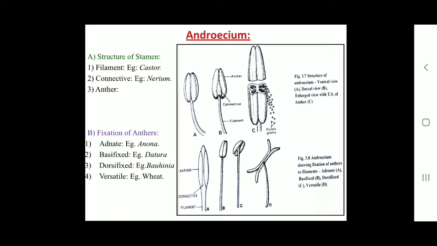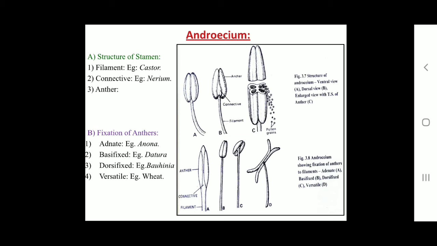The pollen grains are free from each other, but in some plants such as calotropis and orchid, the pollen grains from each sac remain together and form pollen masses called pollinia. The stamens without anthers are non-functional and are known as staminodes. Example, cassia shows 7 stamens and 3 staminodes.